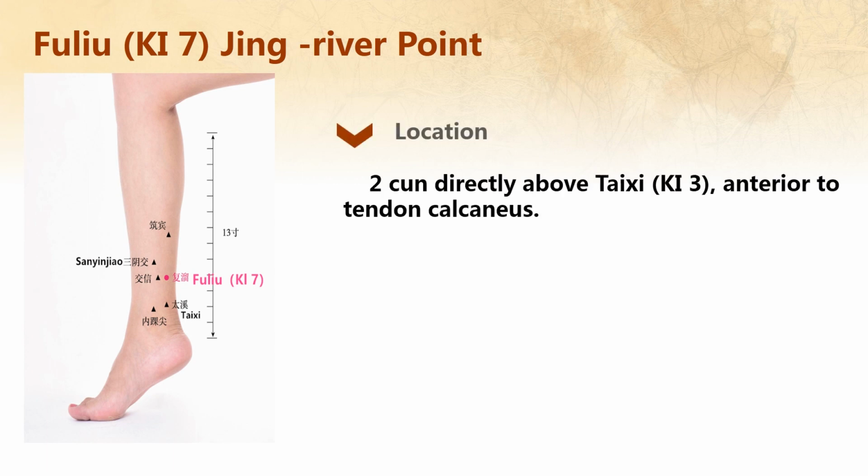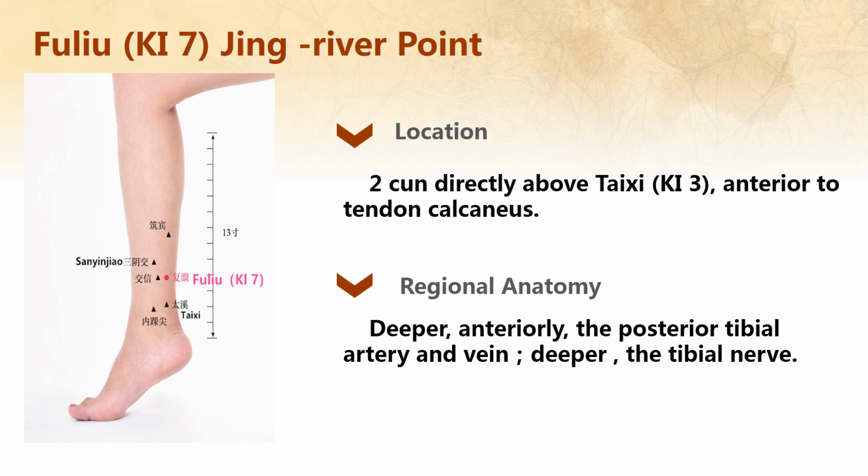The third point is 复溜. The acupoint is located 2 寸 directly above 太溪, anterior to tendo calcaneus. The location of this acupoint contains deeper anteriorly the posterior tibial artery and the vein, deeper the tibial nerve.